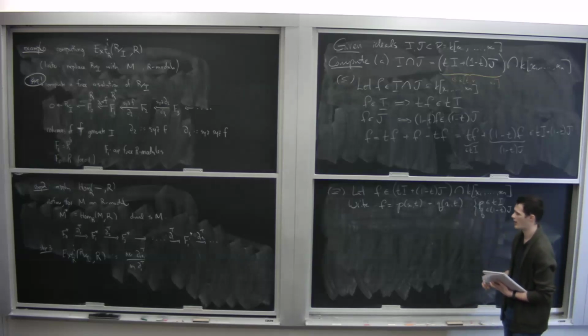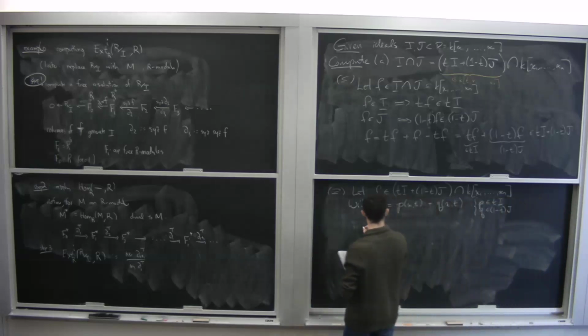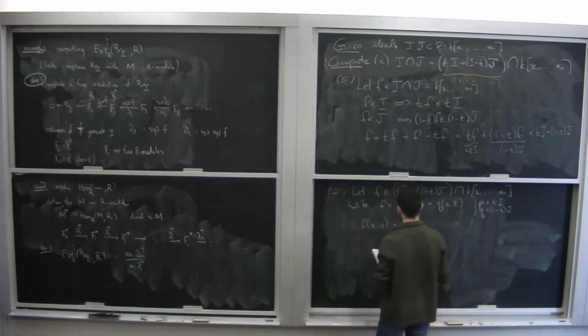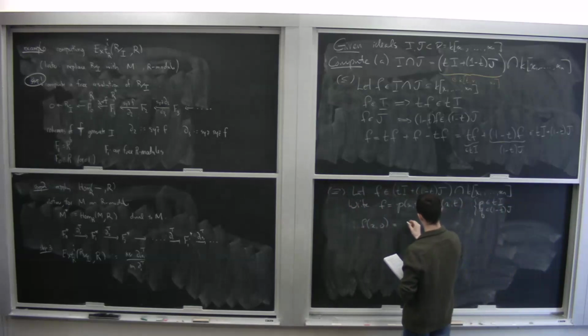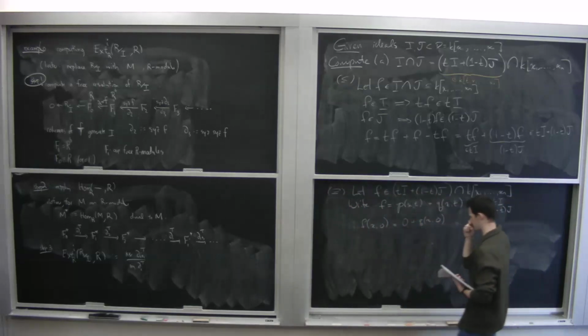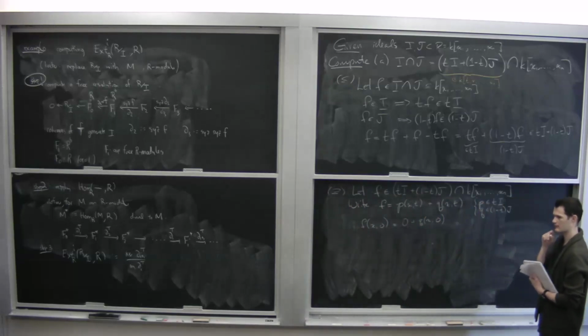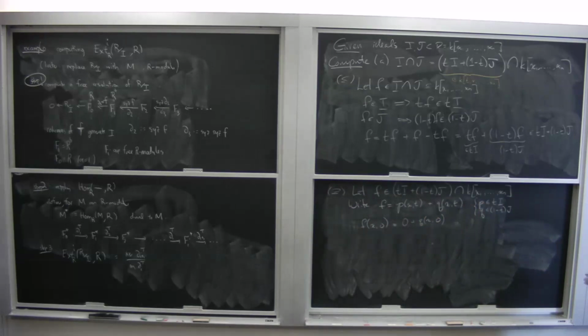What I want to claim is that f of x,0 is 0 plus q of x,0. Actually, I probably led you wrong earlier. It is the case that because it's in t times I, it has a t factor.